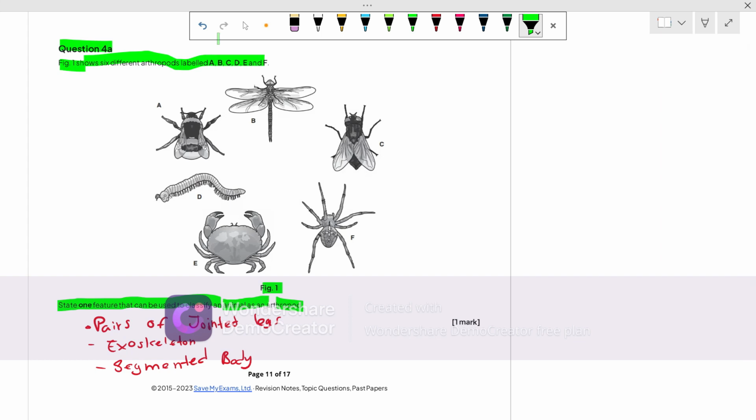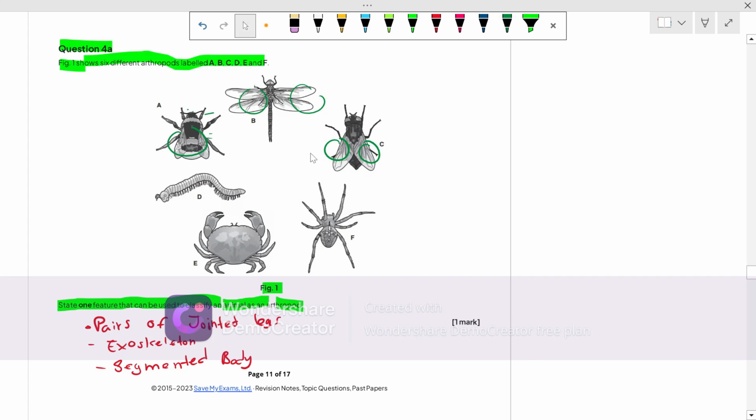A, B, and C all have 3 pairs of jointed legs or 6 legs. They all have wings present, and their body is divided into three parts: head, thorax, and abdomen. And all three of them have compound eyes.